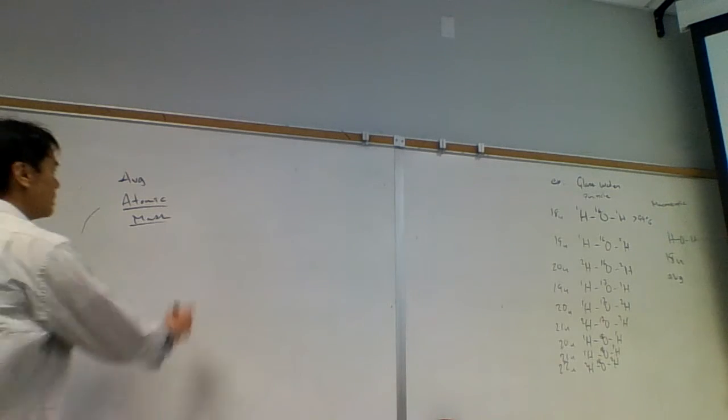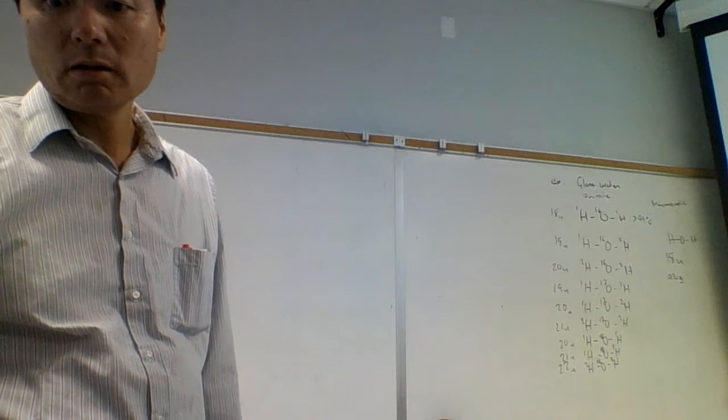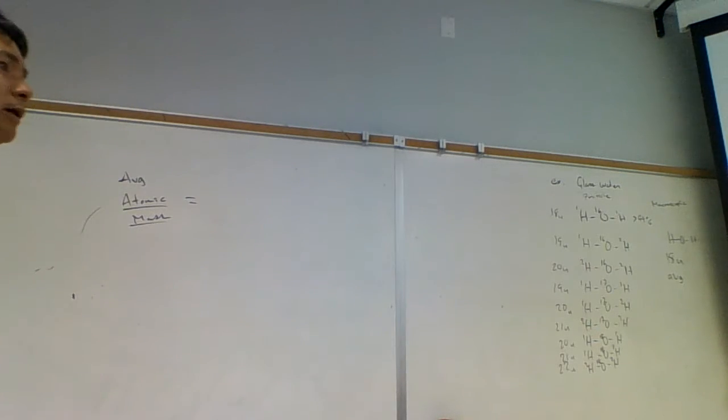Now the average atomic mass is going to equal what we call the abundance, the fractional abundance or the decimal abundance.